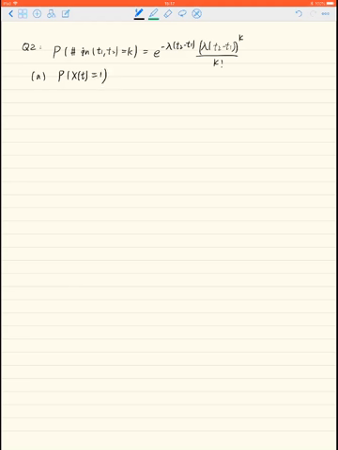In this case, the probability of X(t) equals 1 simply equals the probability that the number of arrivals in 0 to t equals k, and k is even.